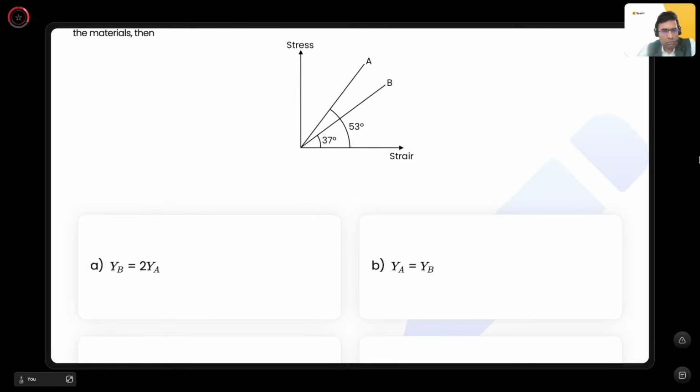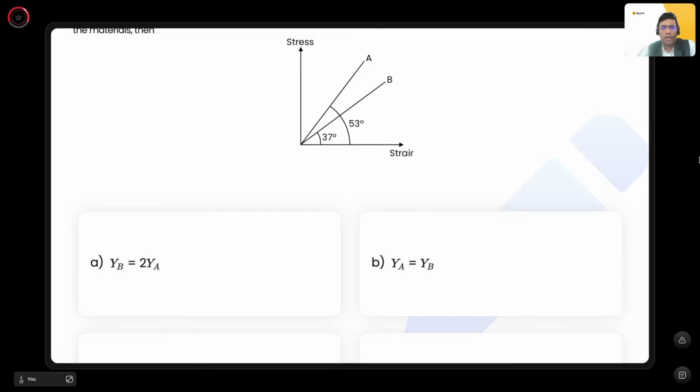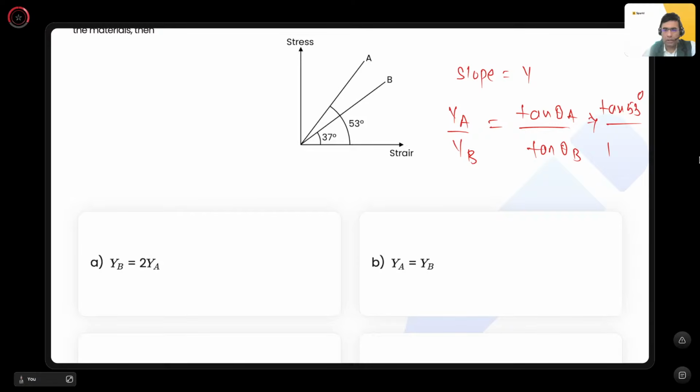The stress versus strain graphs for two wires made up of different materials A and B are shown. If YA and YB are the Young's moduli of the material, then, so हमें पता है कि the slope of the stress strain curve will give us the Young's modulus. So YA upon YB will be equal to tan theta A upon tan theta B. So tan 53 upon tan 37.